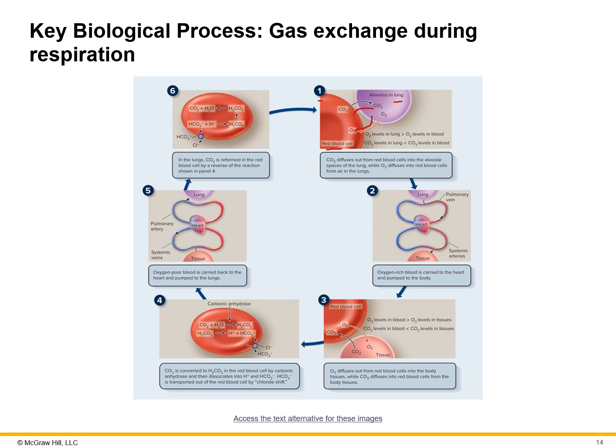Then as we move through the body, now we have oxygen-rich blood. So whenever we get to our tissues, that oxygen-rich blood, because there's more oxygen in the blood cell than there is in the tissue, the oxygen is going to come out.